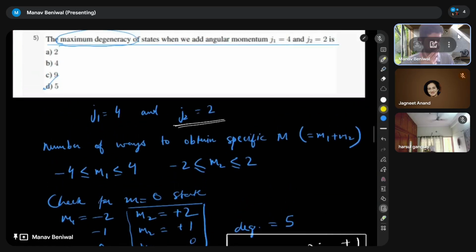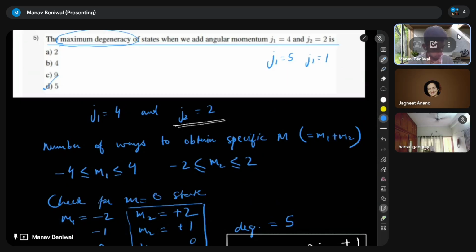So if I now ask you, if you are given two states, instead of 4 and 2, let's say 5 and 1, then what will be the maximum degeneracy? 3. Yes, exactly.